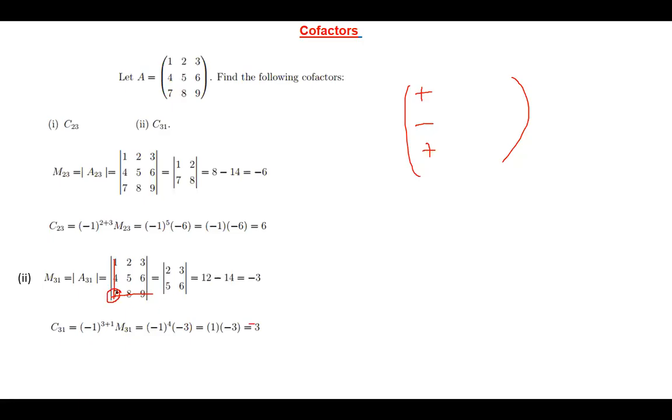So when you multiply this positive times -3, you still remain with a -3. So it's just as simple as that. So we proceed.